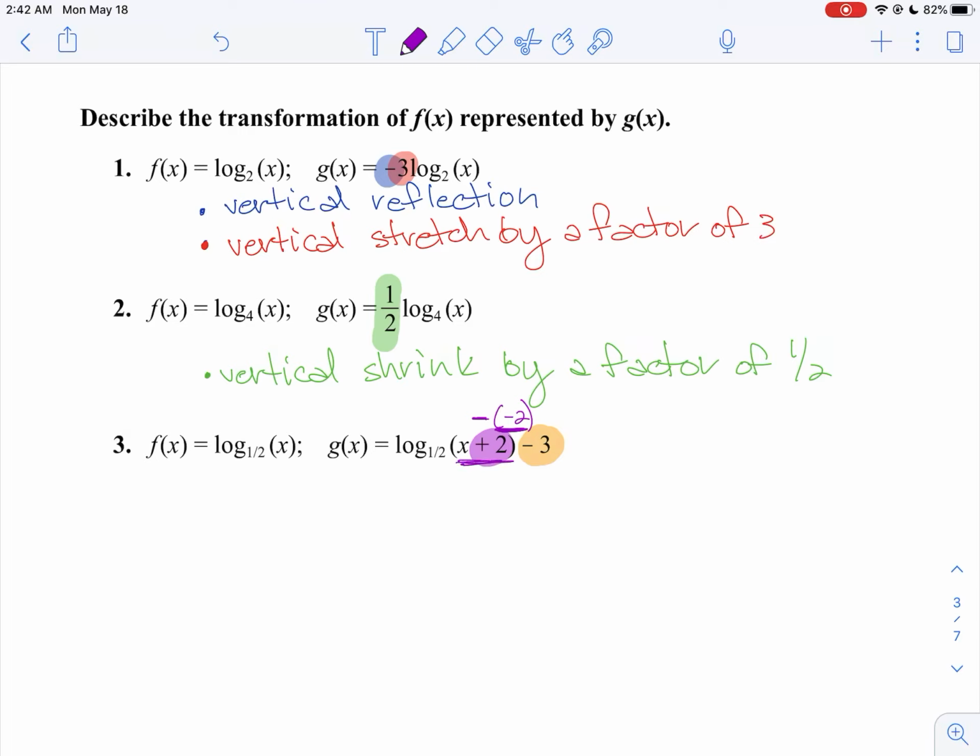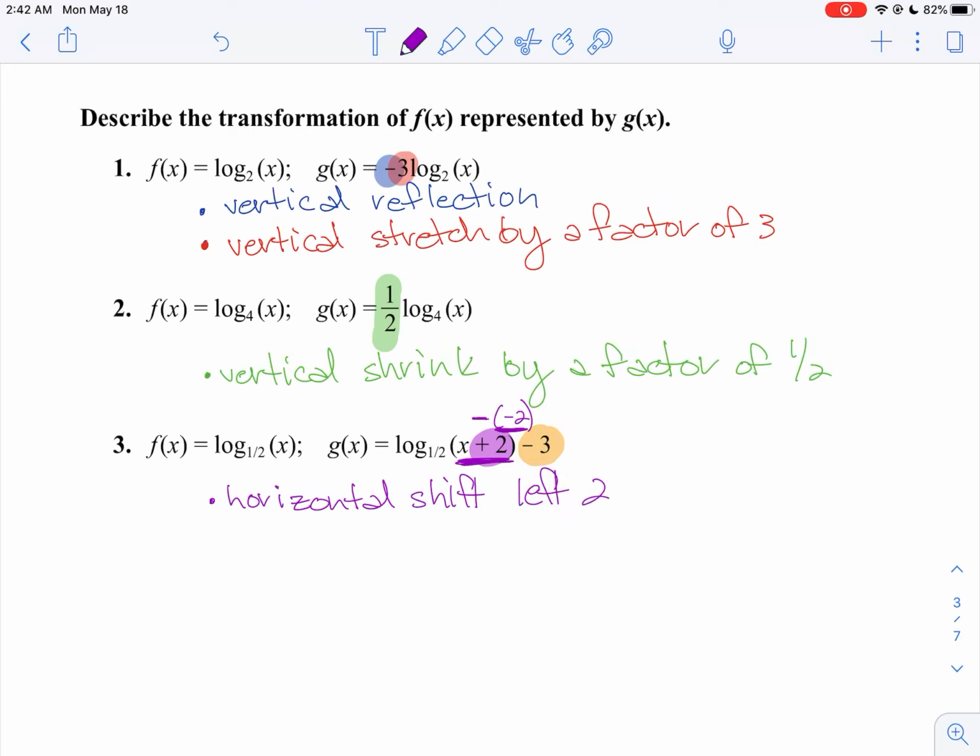Or if you guys remember my inside-outside rules, whenever it's inside, it does the opposite of what it looks like. Or I think Mr. Baker said the stuff inside is big fat liars, and so it's lying to you. It looks like it's going right because it's positive, but it actually goes left. So this is a horizontal shift or translation left 2.